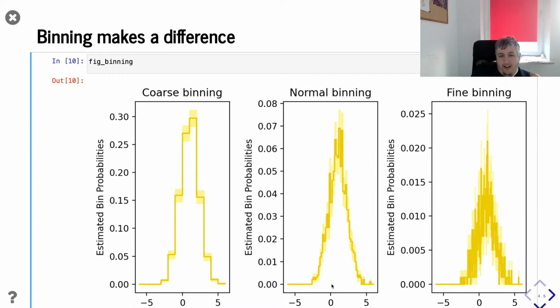But by reducing the width of the intervals, the relative probability of each interval is given with more uncertainty, because we have fewer samples in each of the bins. The uncertainty can be relatively large, which can be extreme when we get too fine a binning, because then we have lots of variance in the estimates. So the histogram can be less useful.